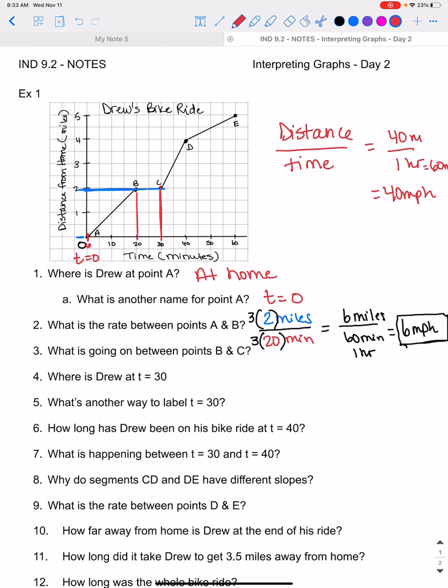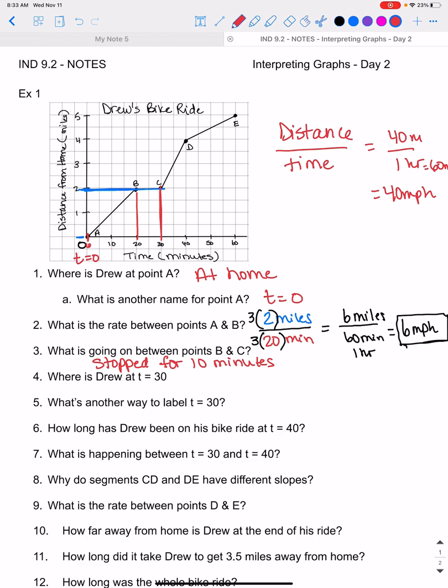So the answer to number 3, what is going on between points B and C, is that Drew is stopped, right? That covers the distance for 10 minutes. Because remember, when you describe what's going on in a segment, you have to describe the y-axis and the x-axis.